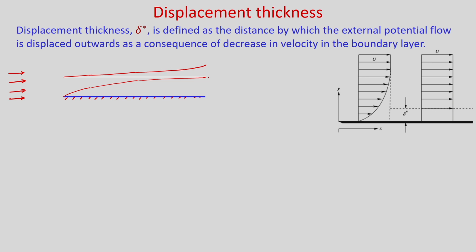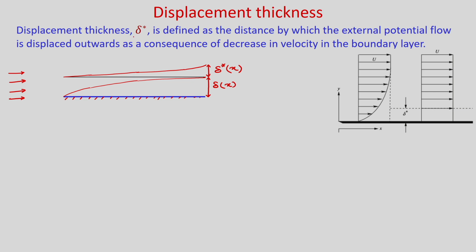Obviously, this is the boundary layer thickness at location x, and it is a function of x, and due to the presence of this flat plate, the deflection of the streamline is known as displacement thickness. This is known as delta star, which is also a function of x.